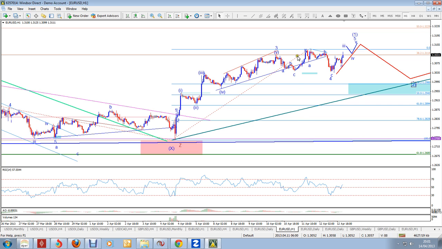But this area here has been a bit difficult, and I've done the best job I think I can, and that's basically still expecting euro to continue higher for the rest of the week, probably at least the best part of the week, and probably back end of the week we might begin to see euro topping and dollar index bottoming out, and then they'll be engaged in this larger cycle decline.